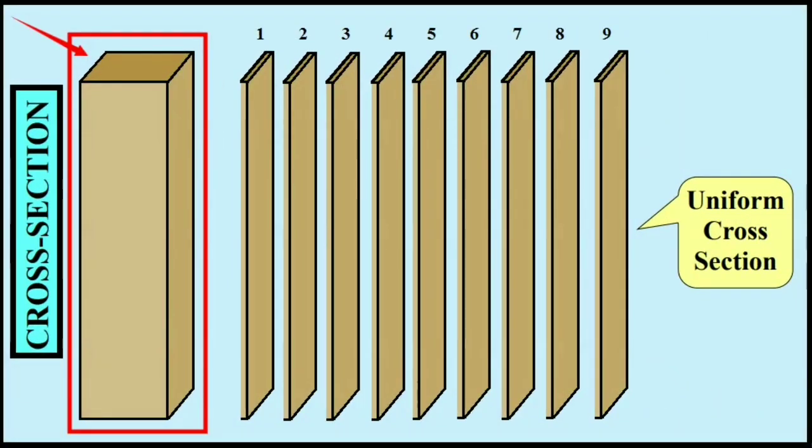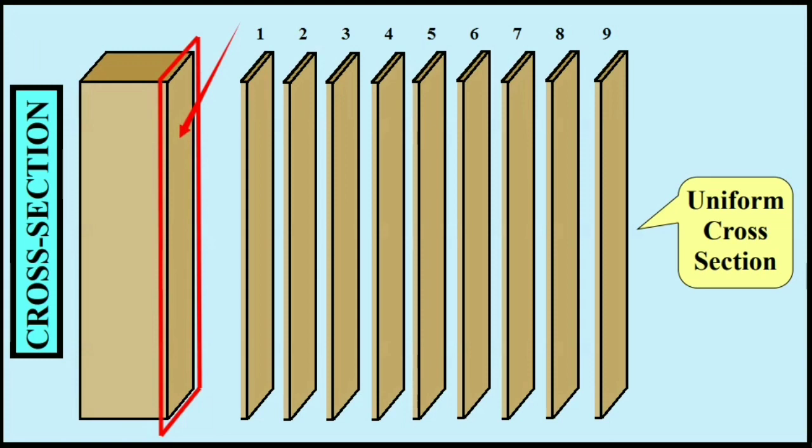Let's take another example. Here too a solid cuboid is taken but placed at a different position. At this position of the cuboid, I take the surface shown here with red ink boundary and arrow sign.